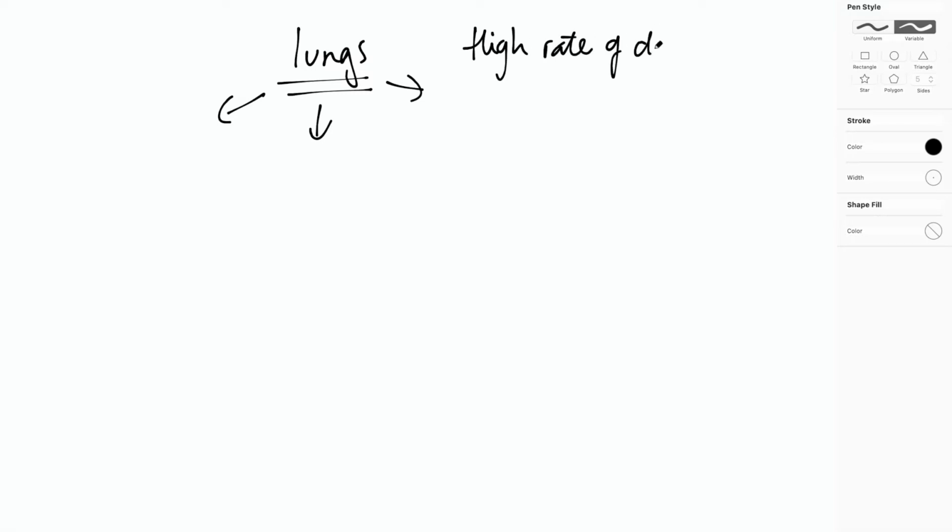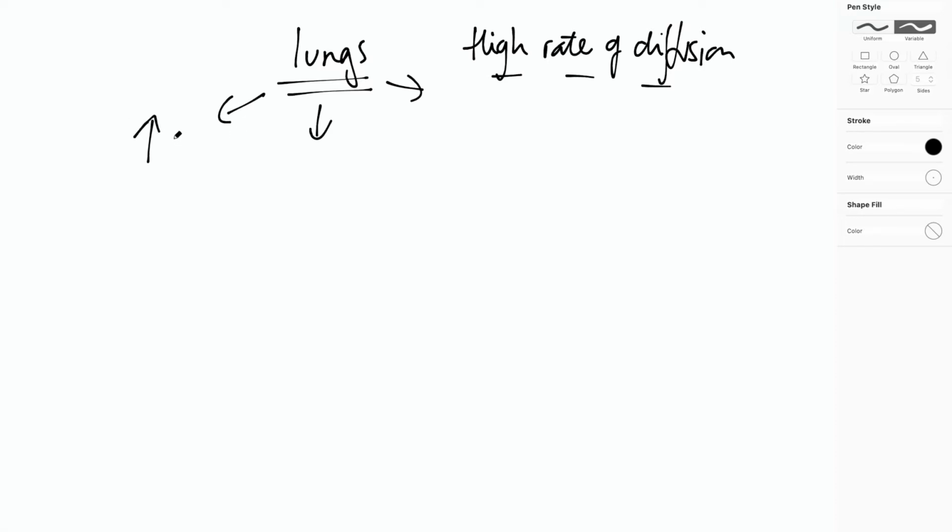So let's go. Right, so we are talking lungs, and if we're going to carry on how we've been going so far, we're going to talk about how the lungs achieve a high rate of diffusion. That's the whole point. We've talked about the three key features, and now it remains to discuss how they achieve that. So what do we need to hit?